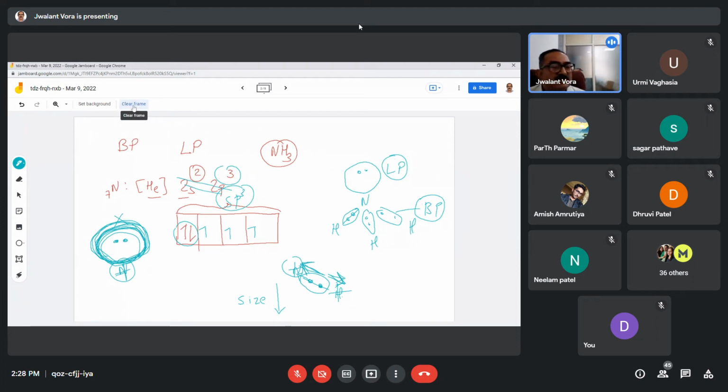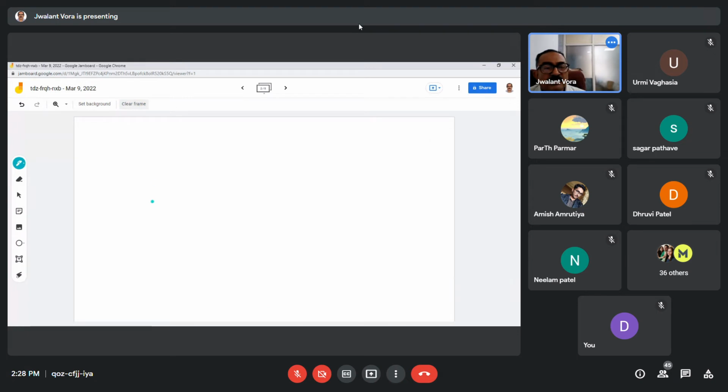And this is the reason why, if we talk about CH4, the bond angle is 109 degrees 28 minutes. Why? Bond pair, bond pair, bond pair, bond pair. All are bond pairs.